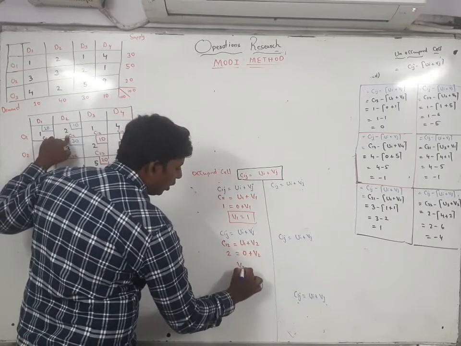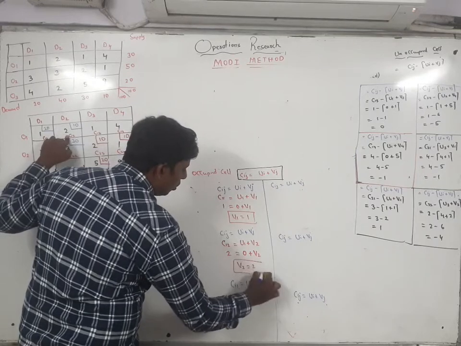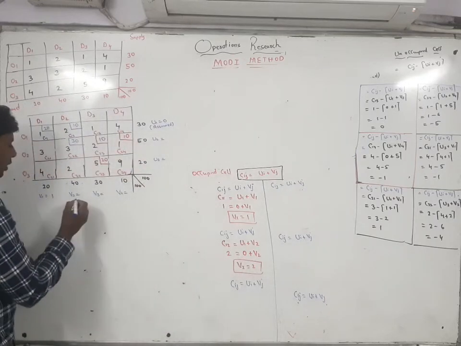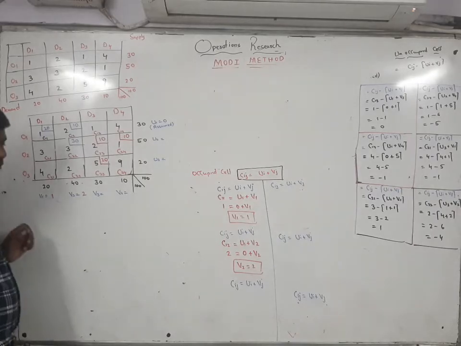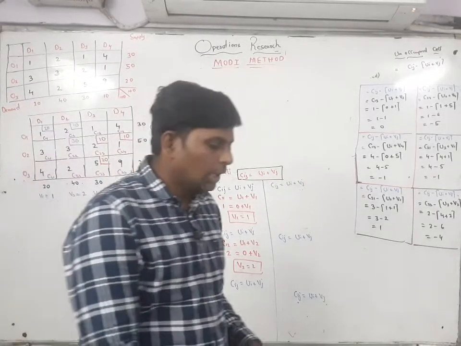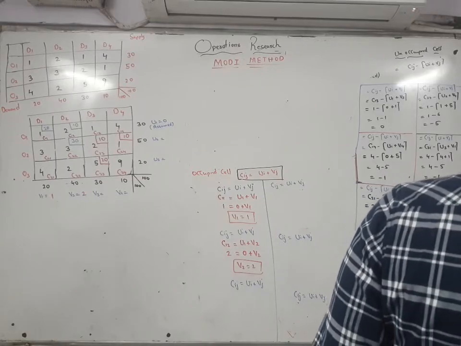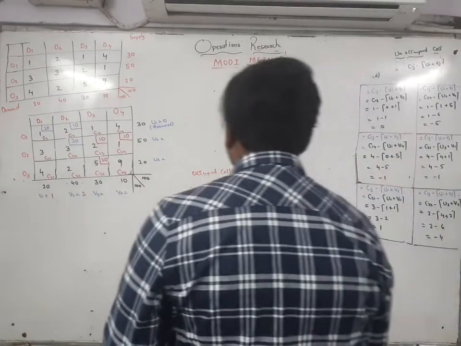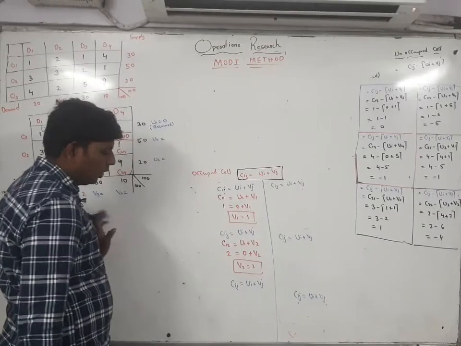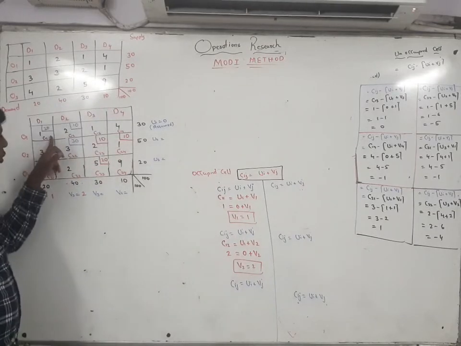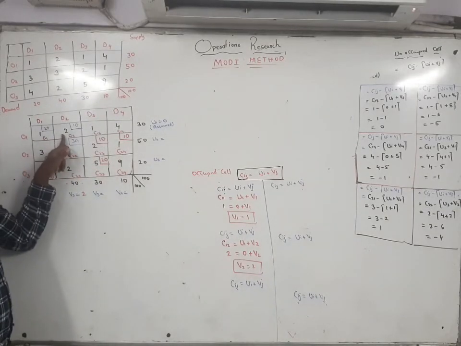So V2 is 2. You can write V2 value is 2. As you can see, you got the value of V1 and the value of V2. This occupied cell is over.